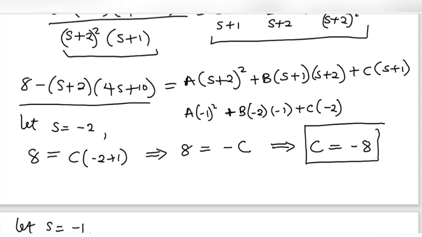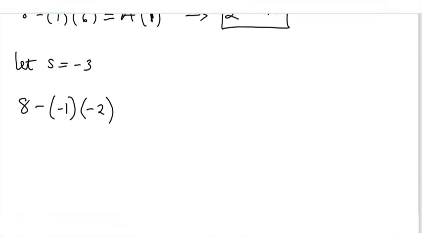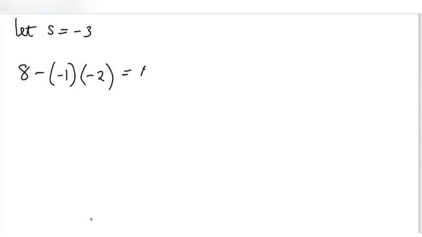So if we bring all this down, this gives us A plus 2B minus 2C.